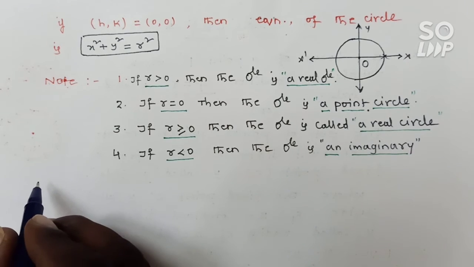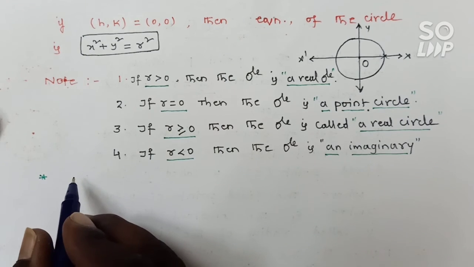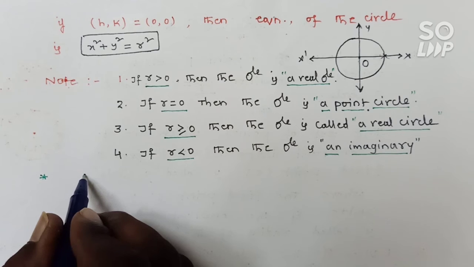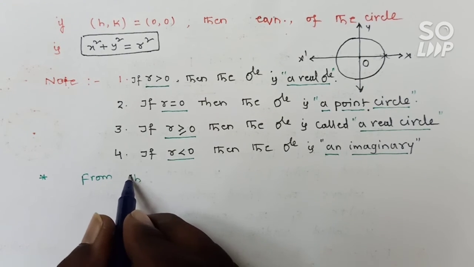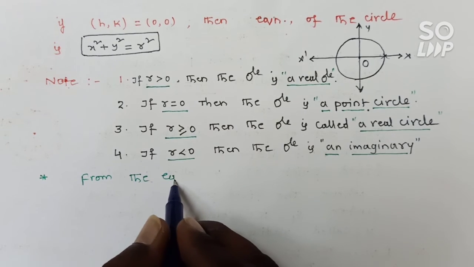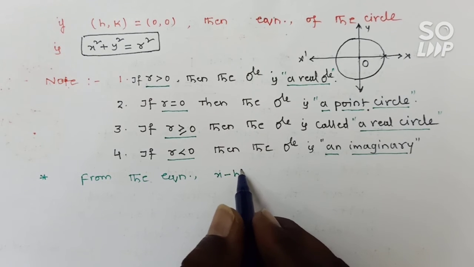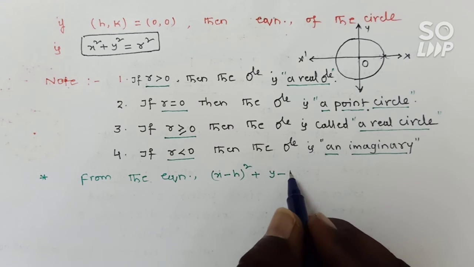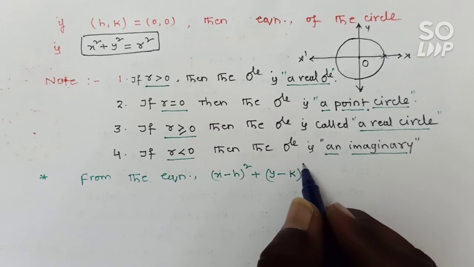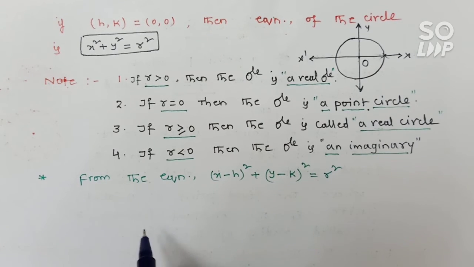Right. So the next thing is that from the standard equation of the circle, x minus h whole square plus y minus k whole square is equal to r square, you expand this one.